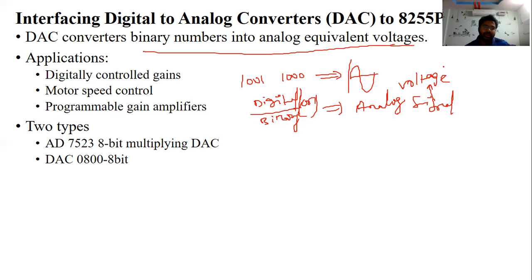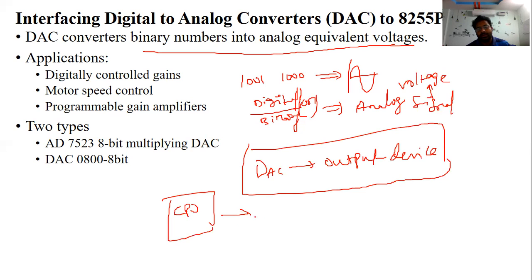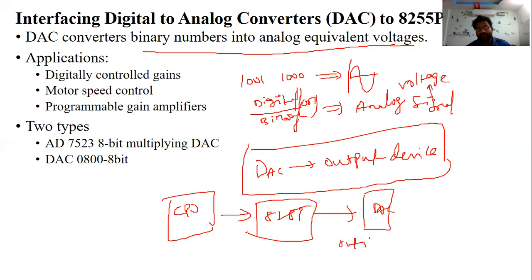That frequency you can also understand something. So what are some applications for DACs? What are the DACs? DACs are output devices. So the arrows are like this: some CPU to this 8255, and 8255 PPI to some DAC. So it is an output device.